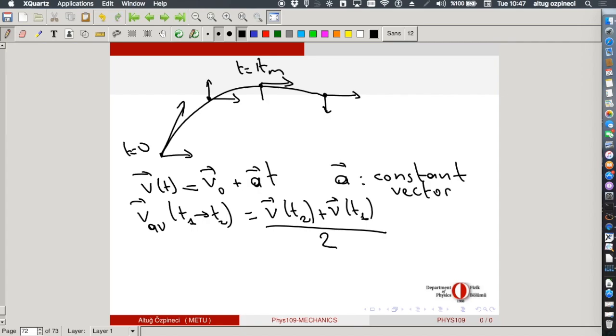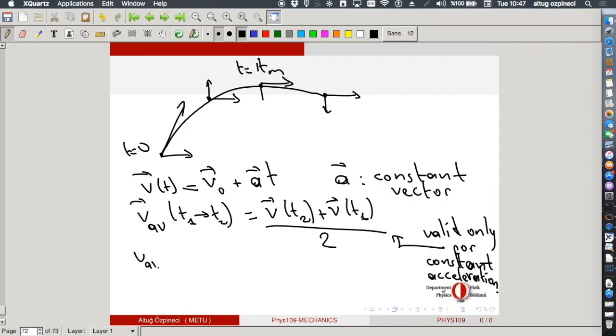This is valid only for constant acceleration. If the motion is not with constant acceleration, this is not valid, so you cannot use this relation. But in this case, this is motion with constant acceleration, so we can use this result.